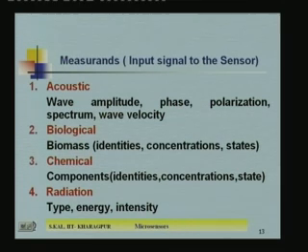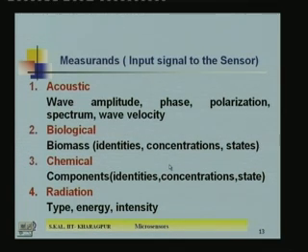Then concentration means what is the level of that particular identity, that means in 1 milligram how much is that particular amount, or what is the concentration of that particular chemical in the biomass, that is the concentration, and in what state it is lying there in the biological body.